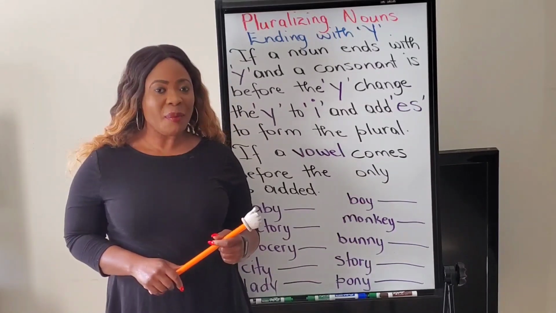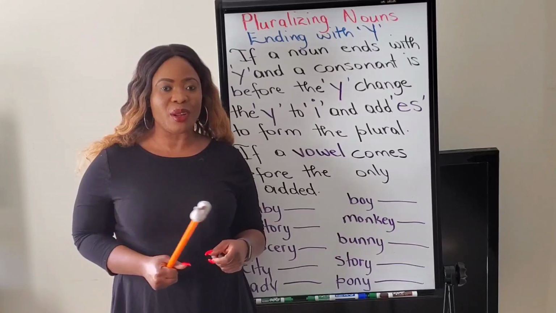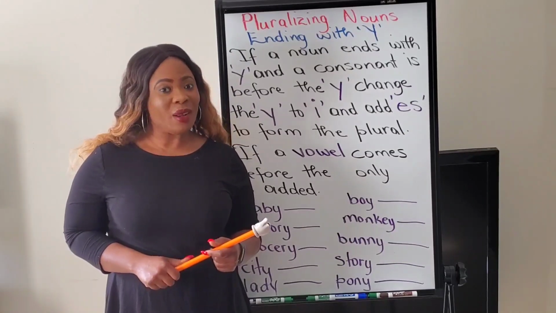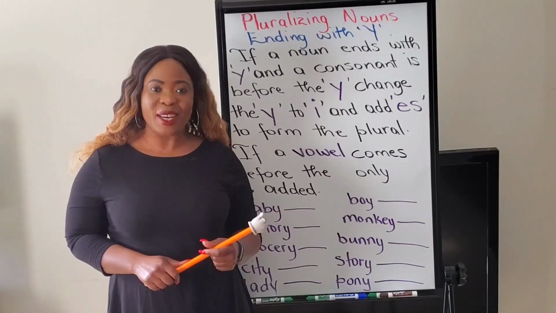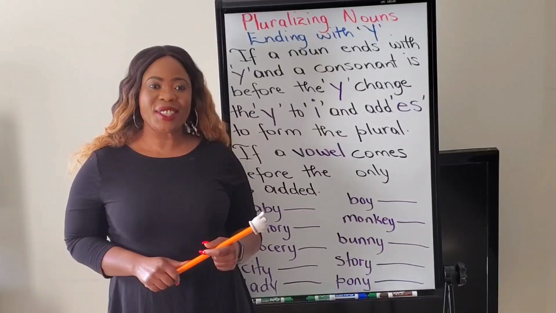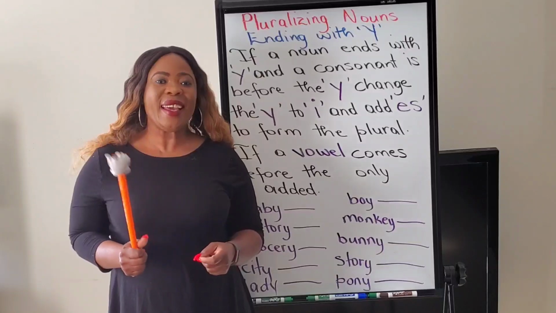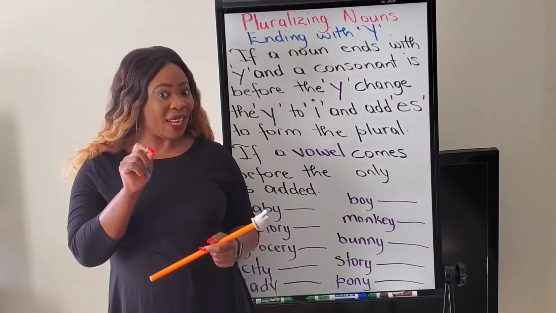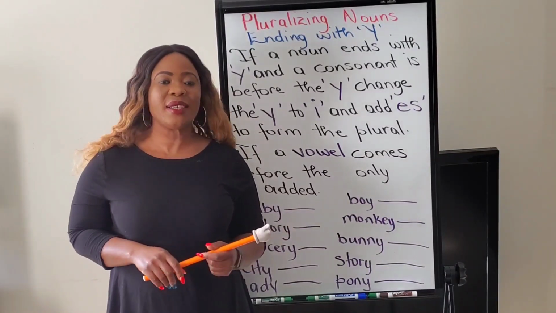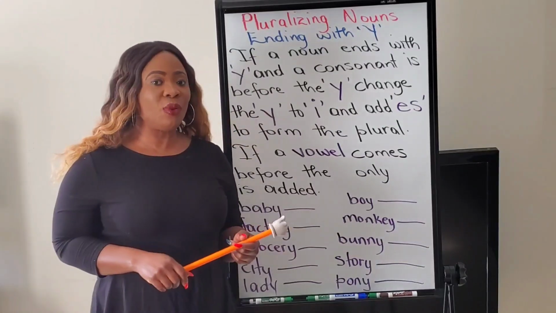To change some nouns from being singular to plural, we add s. We also looked at those that end with x, sh, ch, and changing those by adding es. Also, those that end with ss, right?